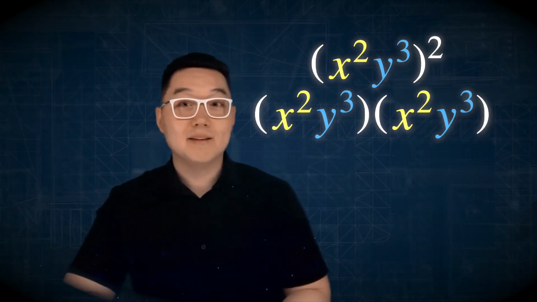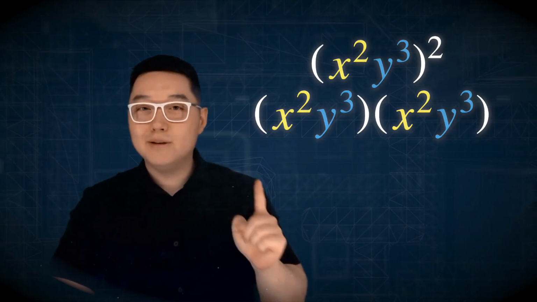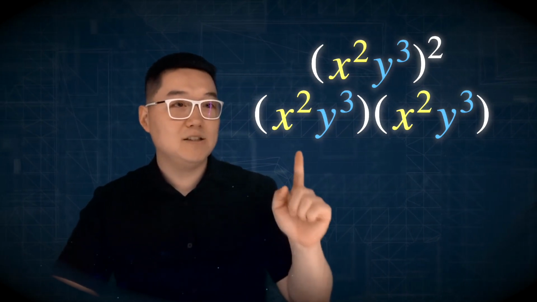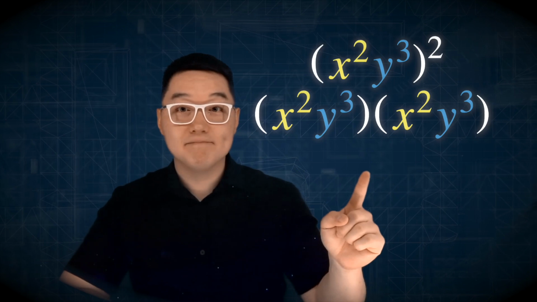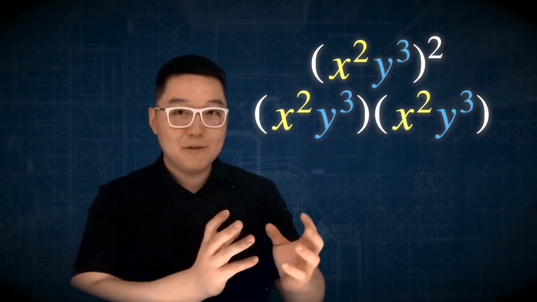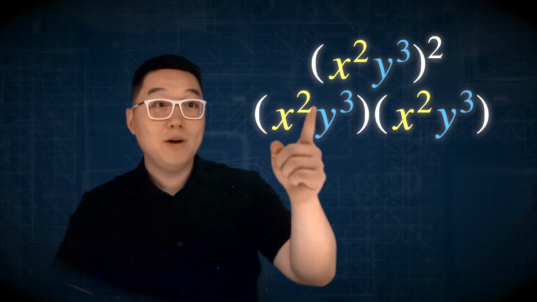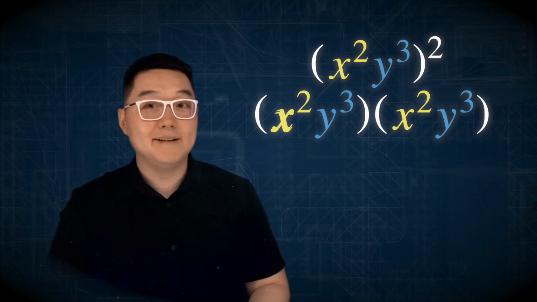And there you go. Now we see x squared times y to the third multiplied by itself again, x squared times y to the third. So again, we can break them all into pieces to simplify this expression with exponents. So we see that x squared can be broken up into x times x.